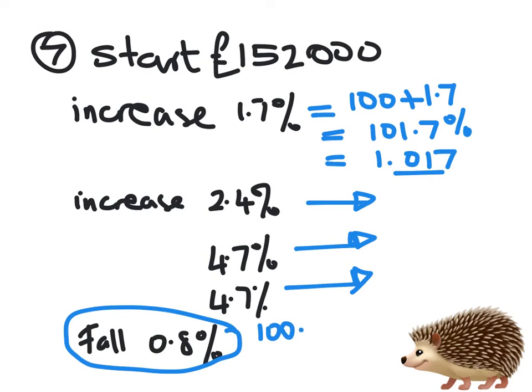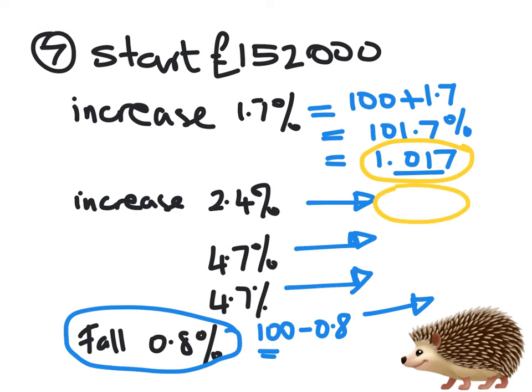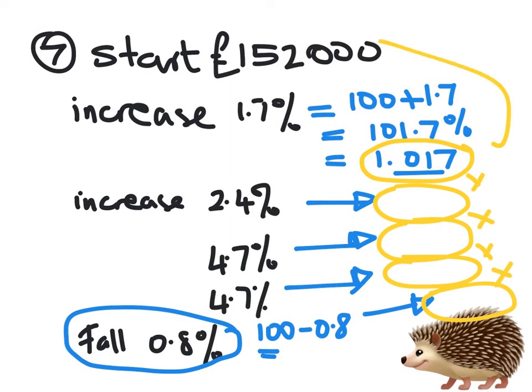So that's 100 take away 0.8. Get that, turn it to a decimal, you'll have another answer. So we've now got 4 multipliers. 1.017, 1 point something, 1 point something, 1 point something, and then the last one's just 0 point something. Now if you times all of these numbers together, along with the starting value, which we know is £152,000, then we can work out what the new average house price is going to be in Scotland.